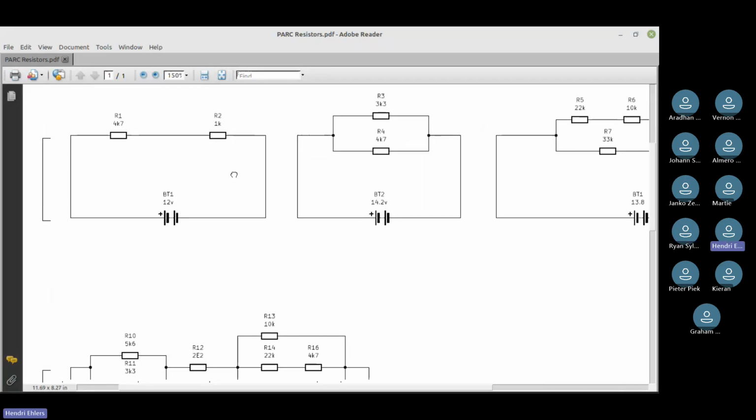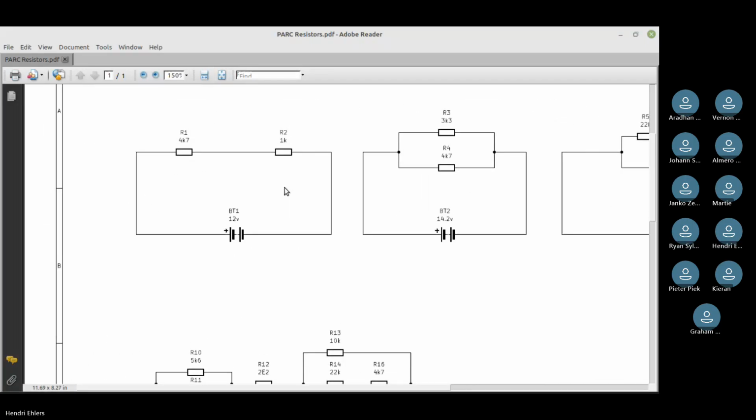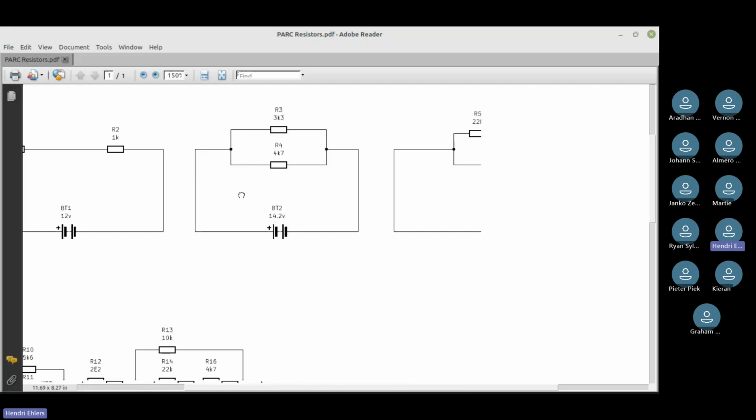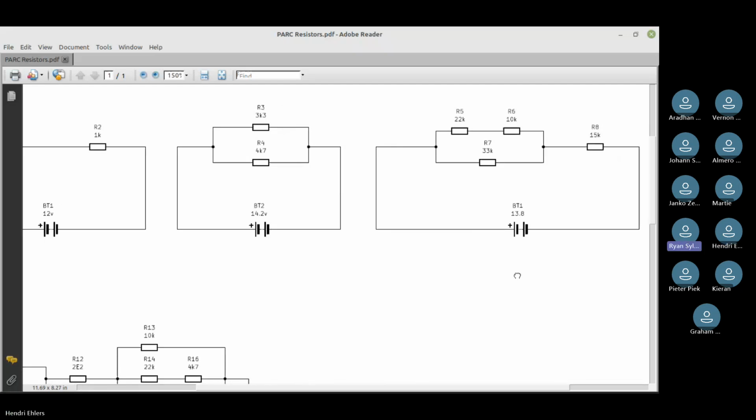Right now, here I've made very sophisticated circuits that you guys can calculate, which we will make available. Now, you must be able to calculate this one.